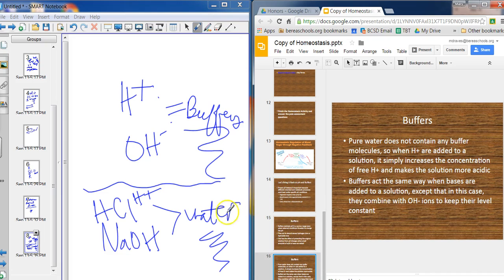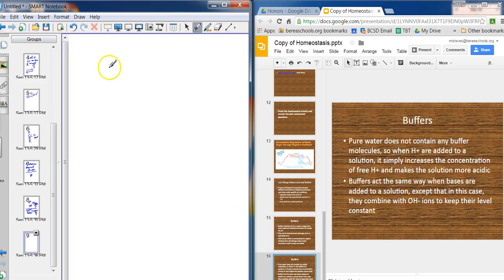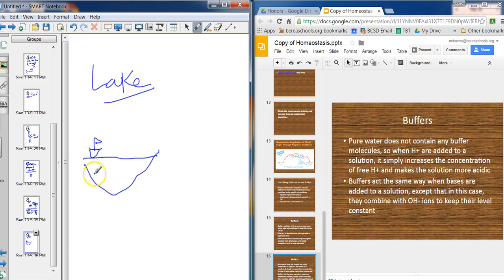Okay, so another thing I want to add to this is that ecosystems actually have a natural buffering capability. And one of the ecosystems I'd like to talk about is a lake, okay, a freshwater lake. And a freshwater lake, if we were to draw this, and we'll put a little boat in here. Let's say this freshwater lake has bedrock in it, and this bedrock is basically calcium carbonate. Calcium carbonate is also called limestone.